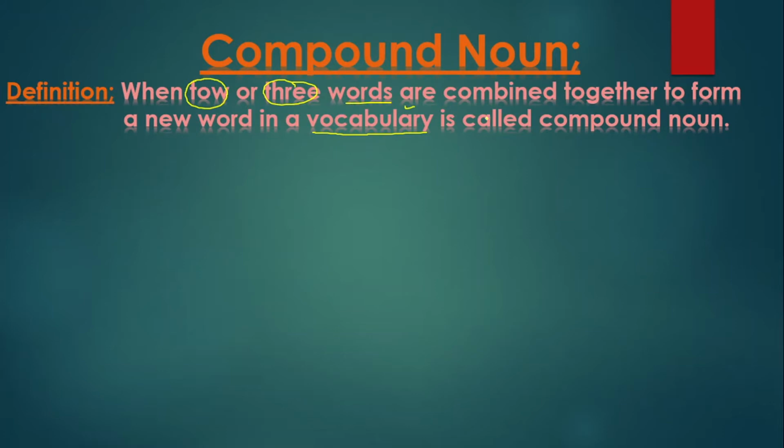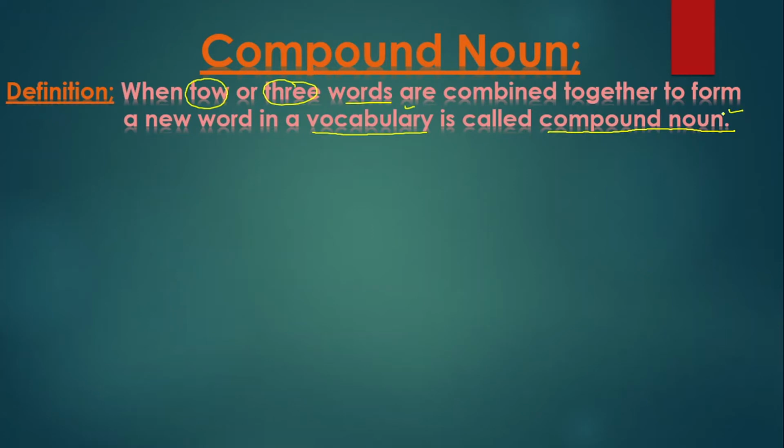Vocabularies will be wrong. I know 10 vocabulary, I know one vocabulary. You will not say vocabularies, that will be wrong. So what is compound noun? When two or three words are combined together to form a new word in a vocabulary, is called compound noun.